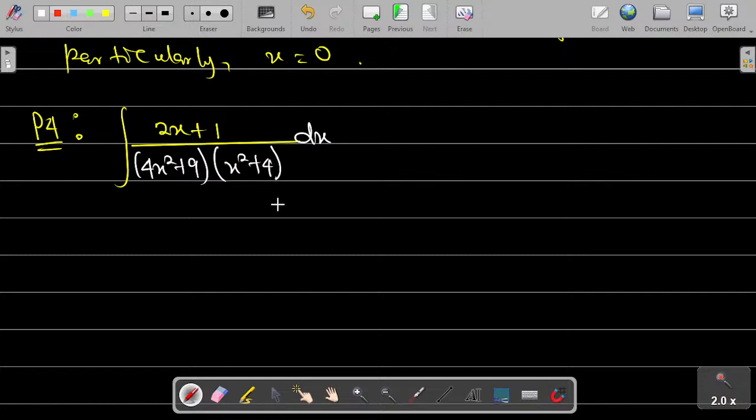We are to do this integration. That will be in the next section. Think about it, and when I come back we will go into it.